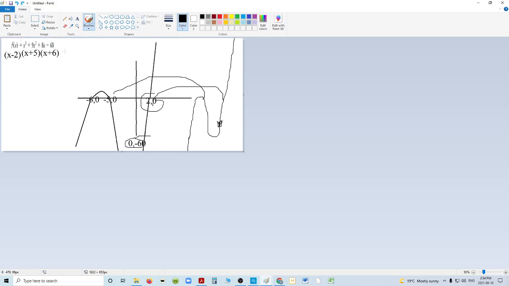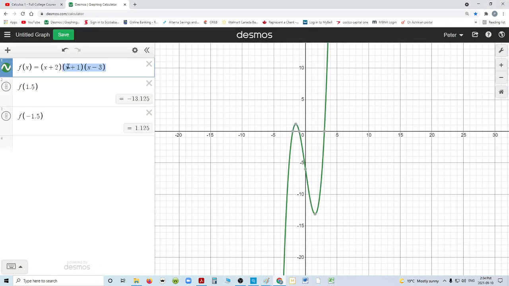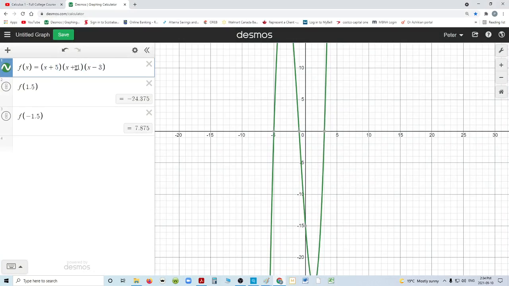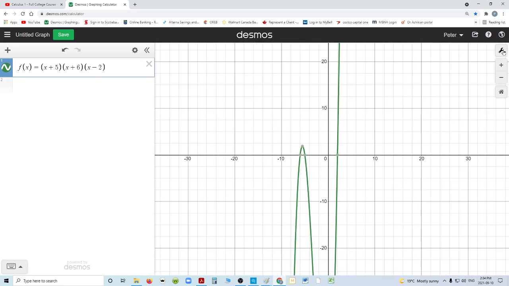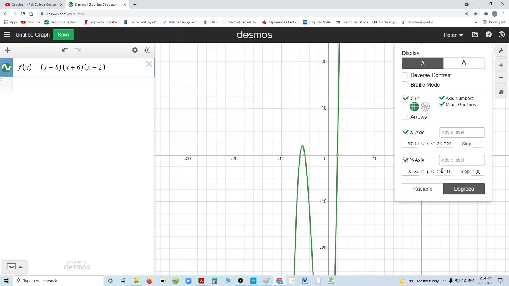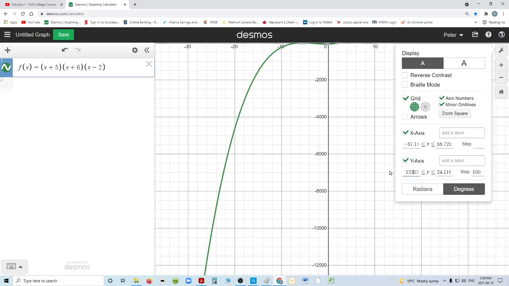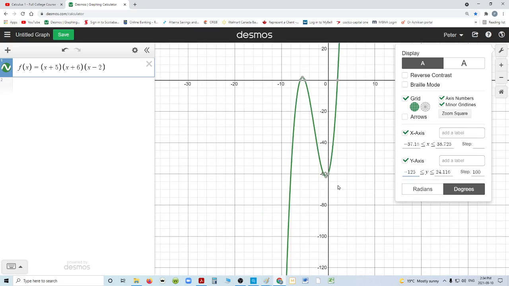Let's see how close I was. Plus 5, plus 6, minus 2. So the factored form is pretty easy to do. There we go.